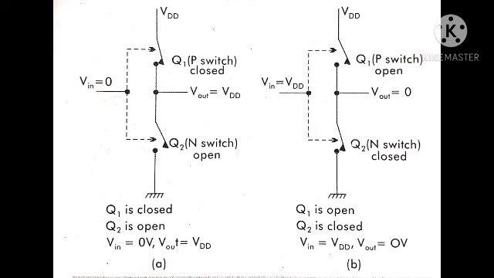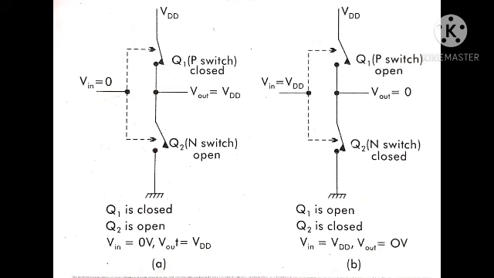This is the switch equivalent circuit of the CMOS inverter. Here you can clearly see that when the upper transistor Q1 is in the on state, then we are getting the value of Vout equal to VDD. And let us see the figure at the right side.